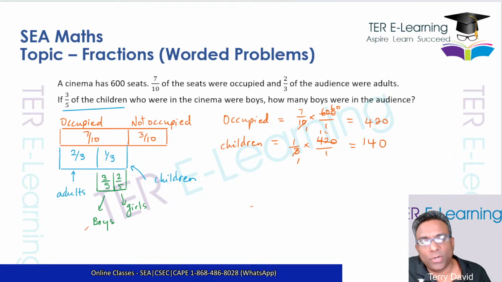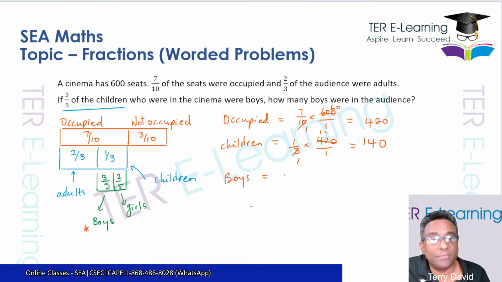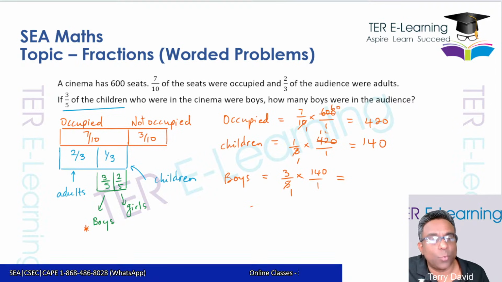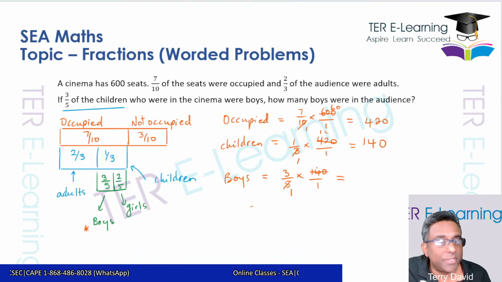The next thing we want to work out is the number of boys. The number of boys is simply going to be 3/5 of what we have here. So this is going to be 3/5 multiplied by the 140. So 5 into 5 is 1. This here will be 2 5s at 10. And that's a remainder of 4. So this is going to be 8.